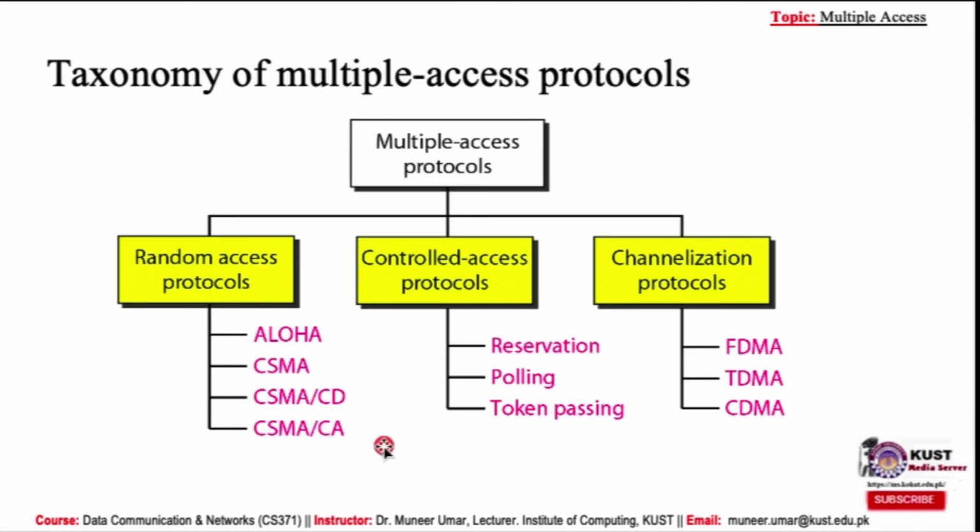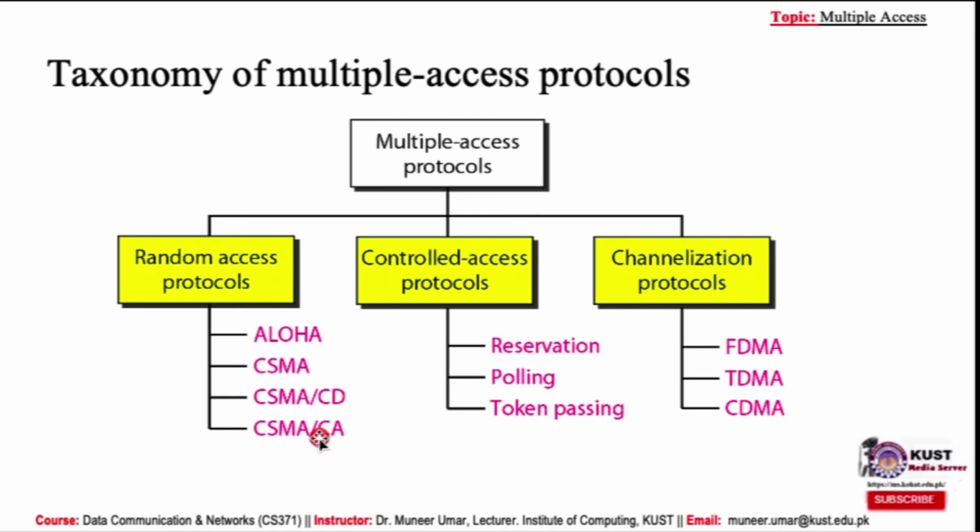So in today's lecture, protocols we studied were CSMA, carrier sense multiple access. This was about the sensing of media, and then CSMA/CD, carrier sense multiple access collision detection. With sensing, the detection is also performed in the second protocol.